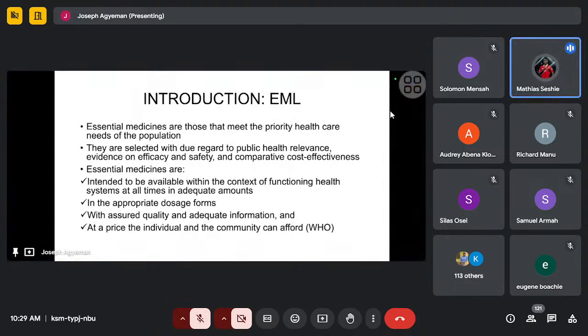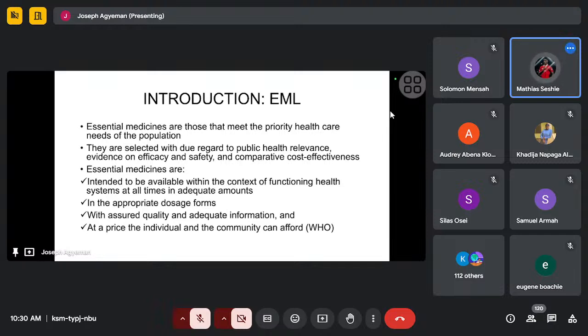Okay, so with cost effectiveness, you are examining the cost and the efficacy of the drugs. So you are comparing the cost and their outcome.